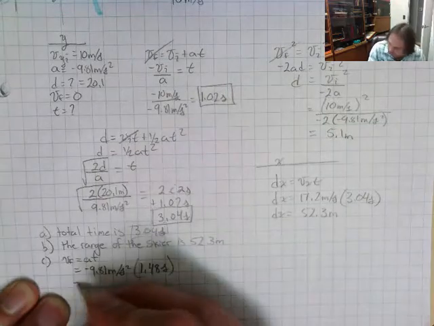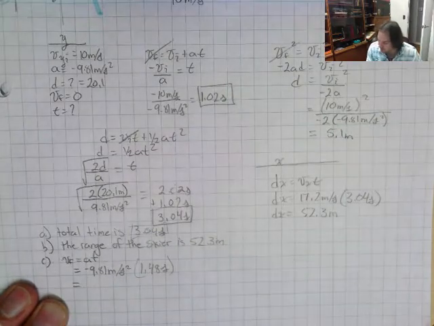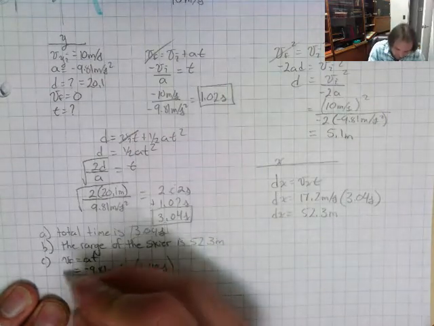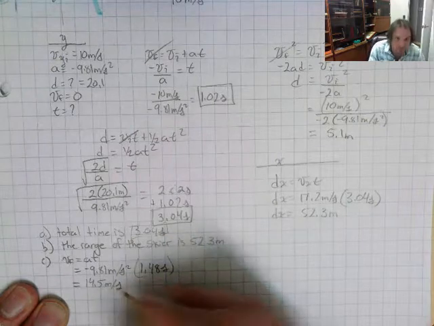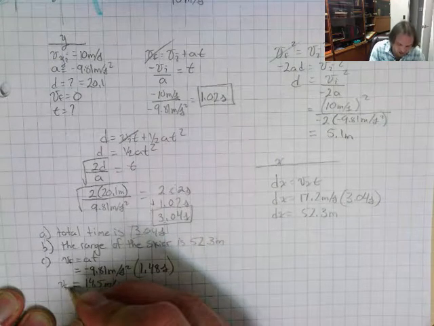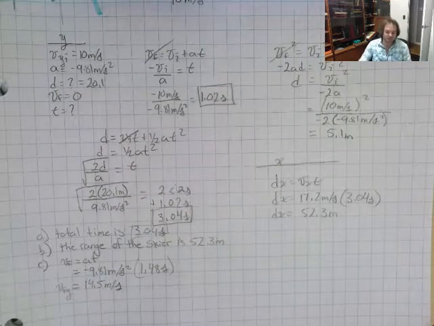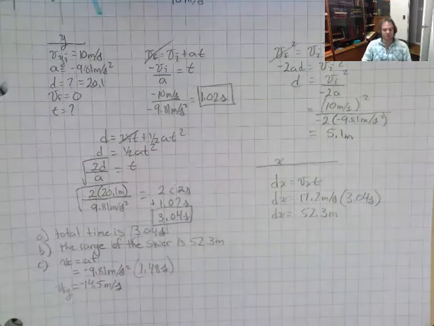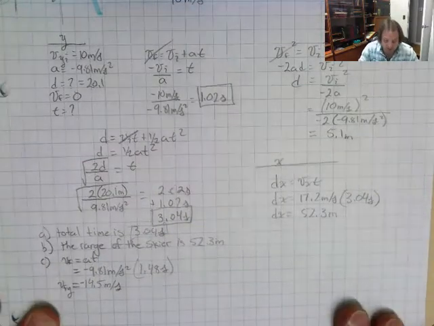That's going to give me a total of 14.5 meters per second. So my final velocity in the y is equal to that. At 2.5 seconds, it is going down at negative 14.5 meters per second. We know my Vx is still 17.2.